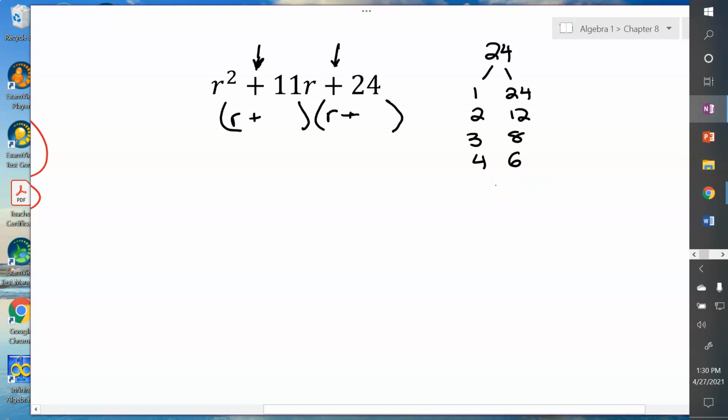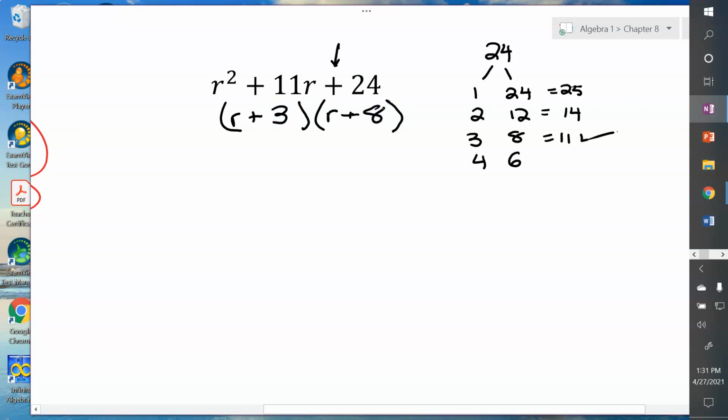All right, factors that are going to add to make 11. 1 plus 24 is 25. That doesn't work. 2 plus 12 is 14. That doesn't work. 3 plus 8 equals 11. That works. I know my two numbers are going to be 3 and 8. So 3 and 8. That one's done.